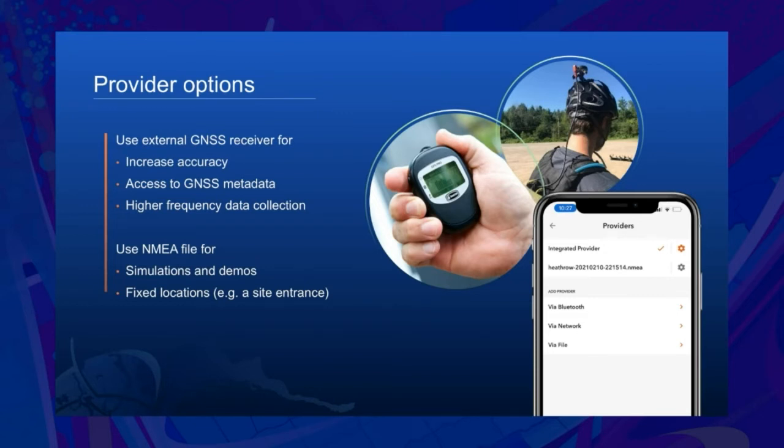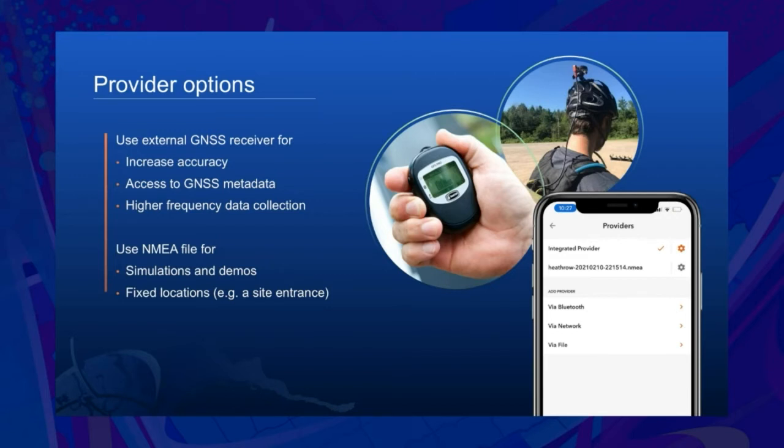You can also get access to the GNSS metadata by using the appropriate QuickCapture variables to pull it through and write it to an attribute of your choice. And you also might want to increase the frequency of location updates to something way beyond the 1 hertz or 1 update a second that you get with a standard internal GPS.